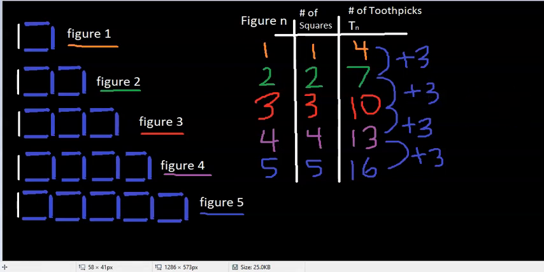So I could start by saying that the number of toothpicks is equal to something, right? So my T of n is going to be equal to something. So I'll bring this formula down here, the formula that we're going to start to make up with the information that we have.